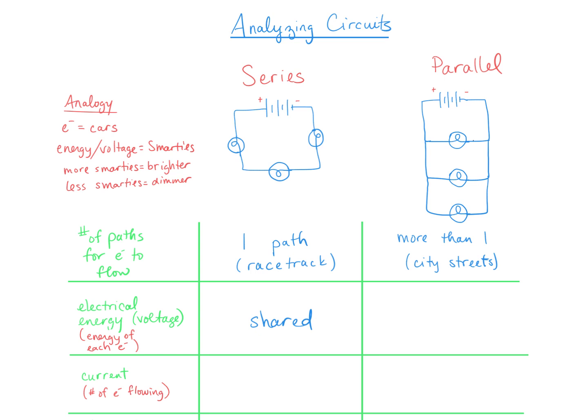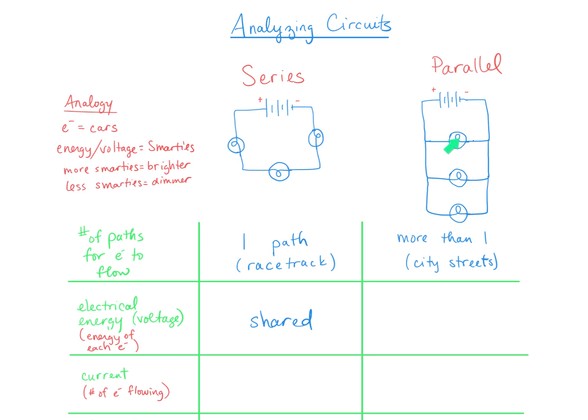Whereas in the parallel circuit, electrons or cars leave the battery full of their Smarties. Each car, let's say again, has 12 Smarties in it. The electrons that travel this way, the only load in their path is this one, so they're going to dump all 12 Smarties here.